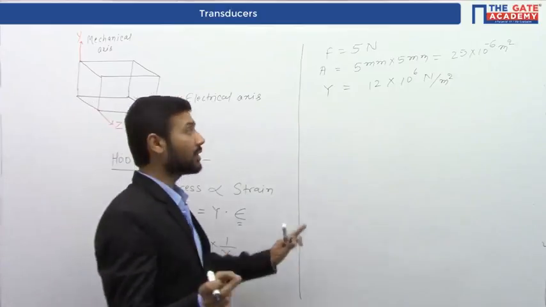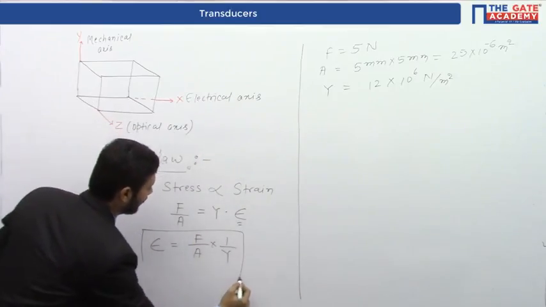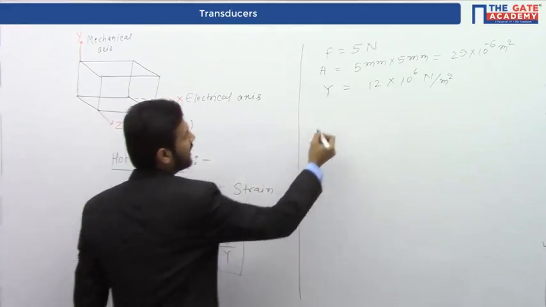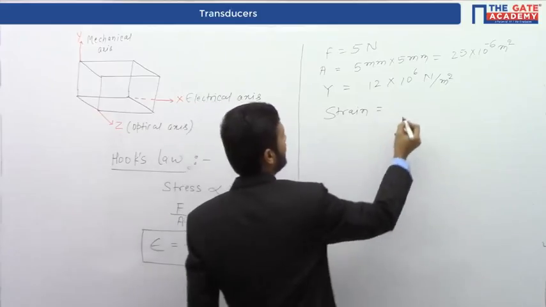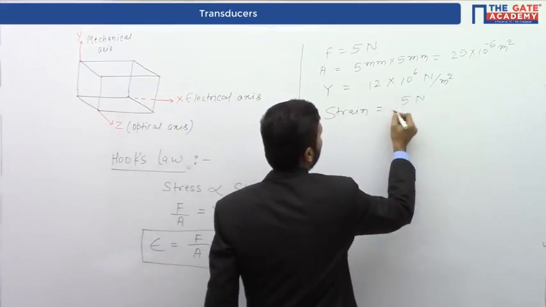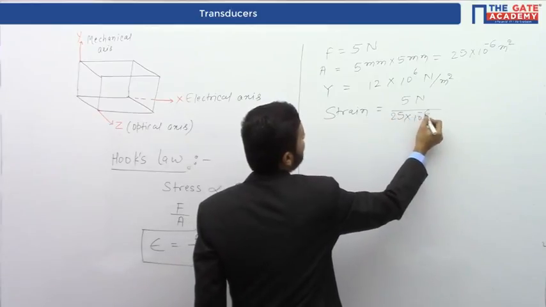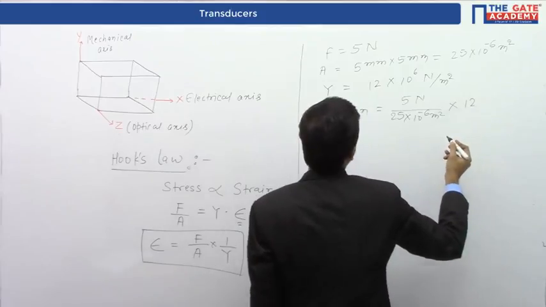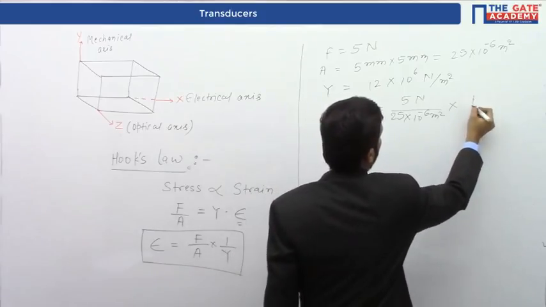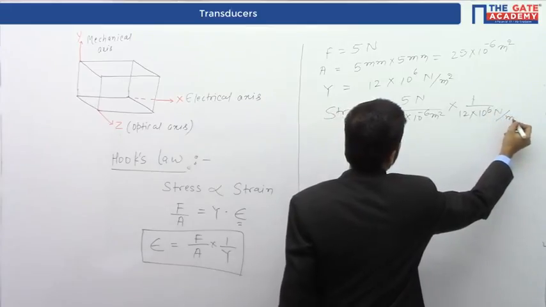We just have to put these values in our given equation. So the strain is equal to 5 Newton by 25 into 10 to the power minus 6 meter square, into 1 by 12 into 10 to the power 6 Newton per meter square.